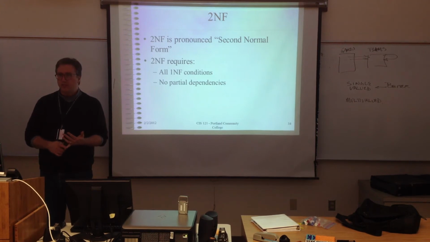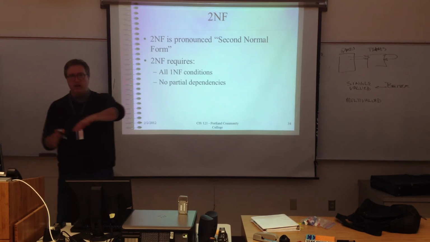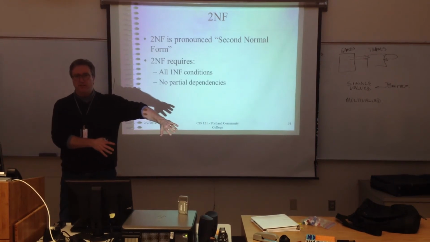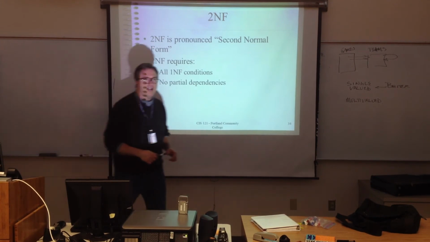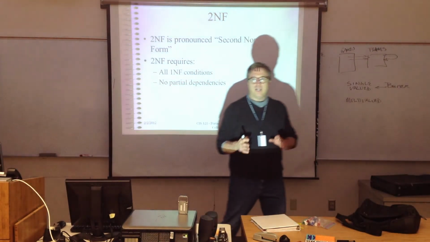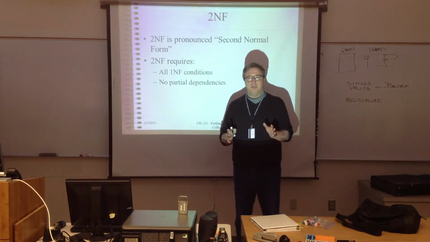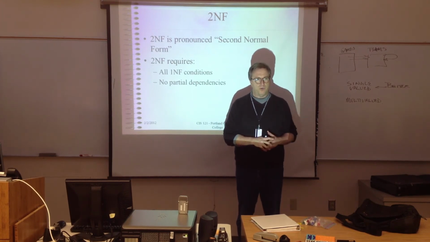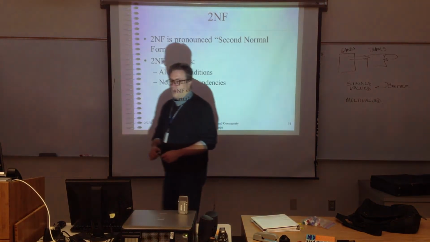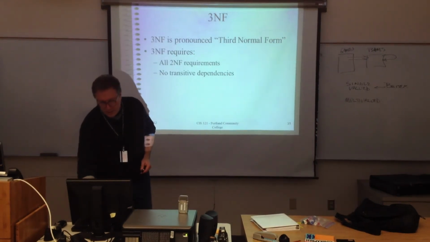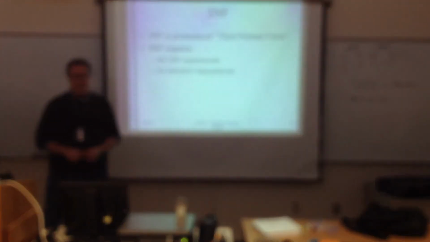When the school system is working well, in order to be in high school, you have to meet all of the competency requirements that you got in grade school. It doesn't mean you're still in grade school. So when you're in second normal form, it doesn't mean you are also in first normal form. It means you're in second normal form. It's just that second normal form is a lot harder to get to than first normal form.